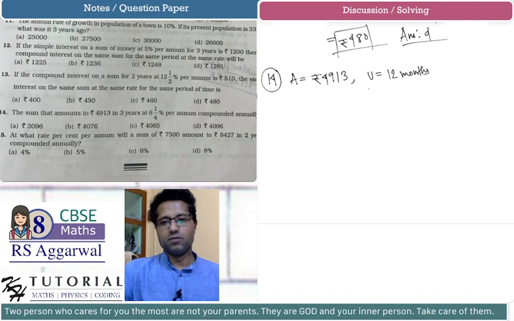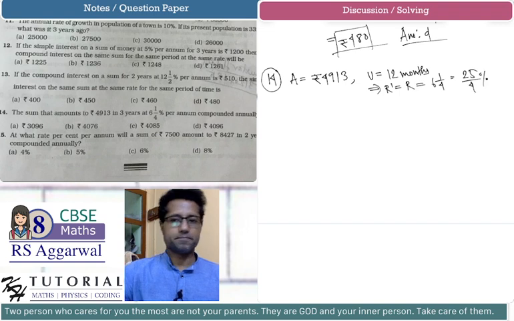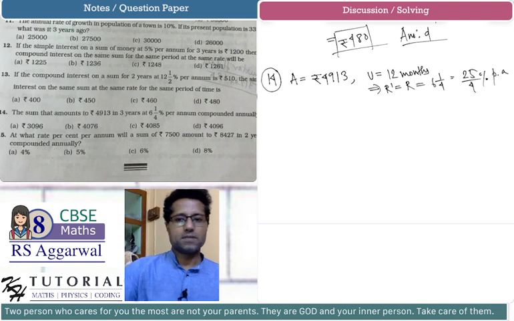When u is equal to 12 months, we have R dash equal to R, which is given to be 6 and 1/4, which is 25 by 4% per annum, and T is given to be 3 years.